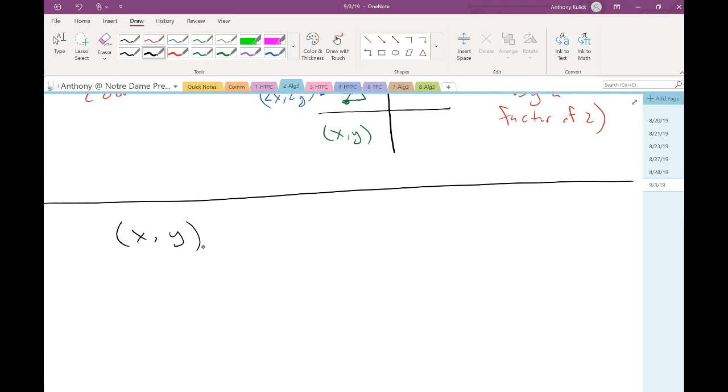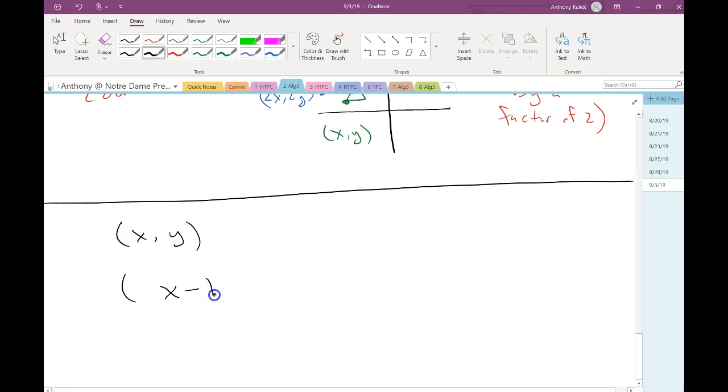Okay, so we have some point, right? And what I want to do is create a description for any of these transformations I can do to that point. Everybody's okay with that idea? So if I want to translate the point left or right, I would need to add or subtract some number from that. Everybody agree with that? Okay.